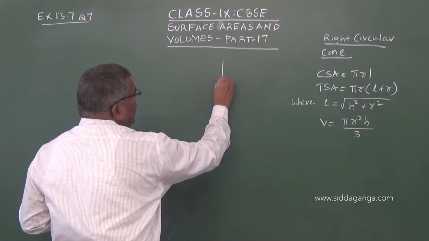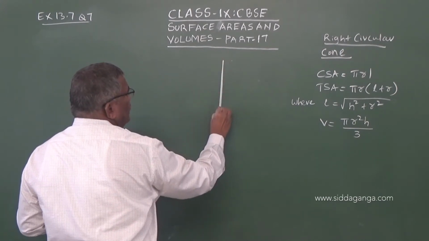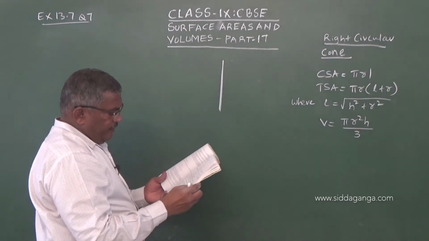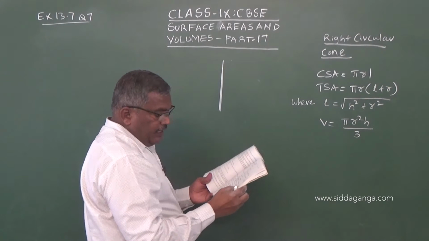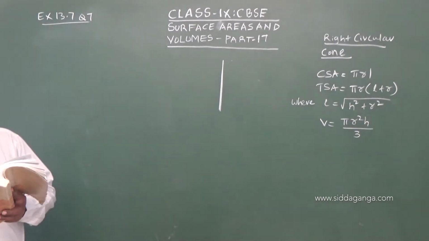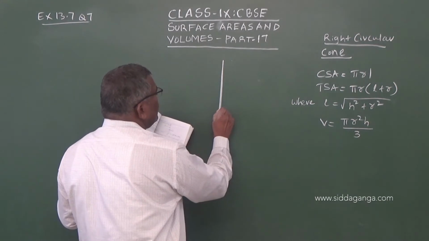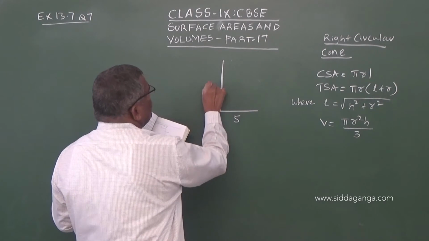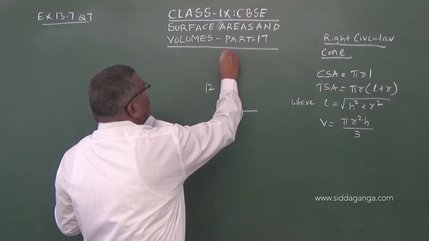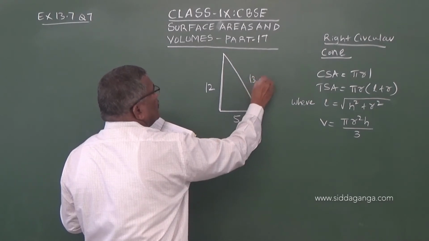There is a right angled triangle ABC with sides 5, 12 and 13. The base is 5, this is 12 and this is 13 centimeter.